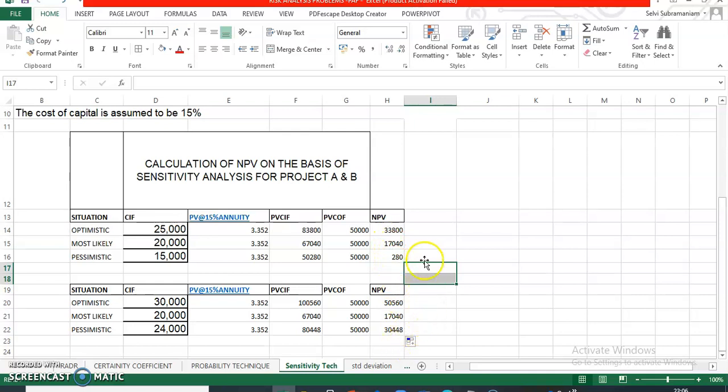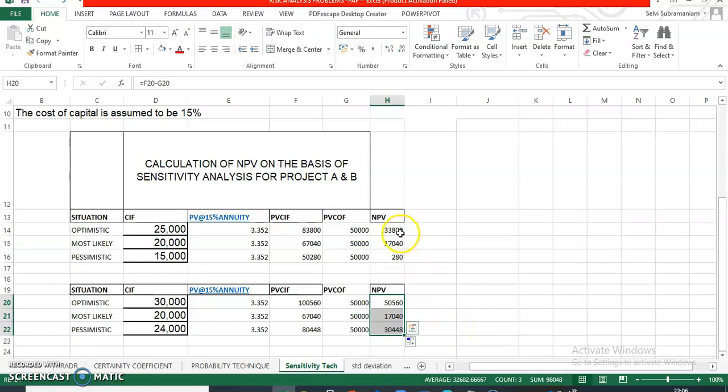Now, if you ask me as to what will be the inference, it can however vary depending upon the risk-bearing ability of the decision maker. So considering, however, all the three situations for both the projects, it is observed that project B at any point of time will be better, because in all the situations it is going to give you profits, and hence it is recommended.